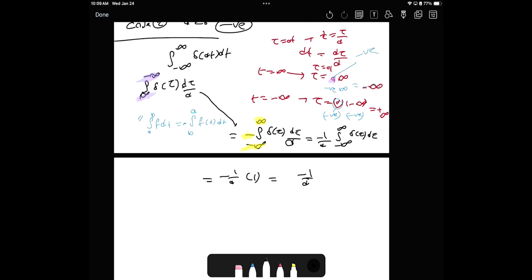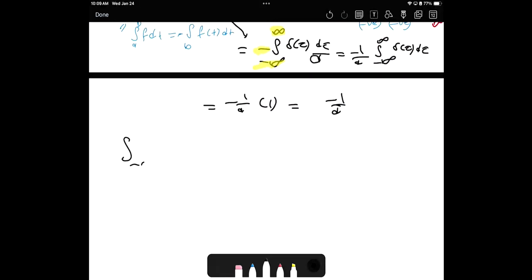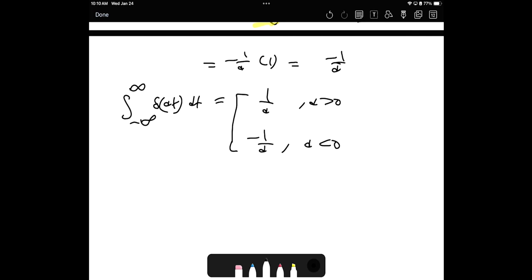So we have two cases. The first one, 1 over a, the other one, negative 1 over a. So in summary, the integral from negative infinity to infinity of delta a of t dt equals 1 over a when a is larger than 0, and negative 1 over a when a is less than 0. Or we can say that, if it is negative, negative times 1 over negative will overall be positive, right?